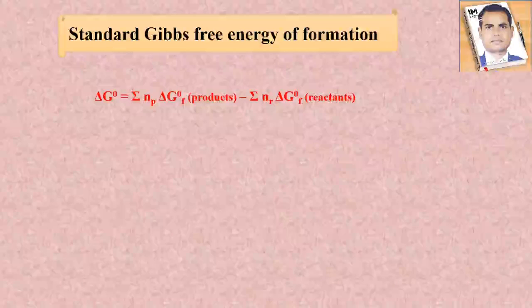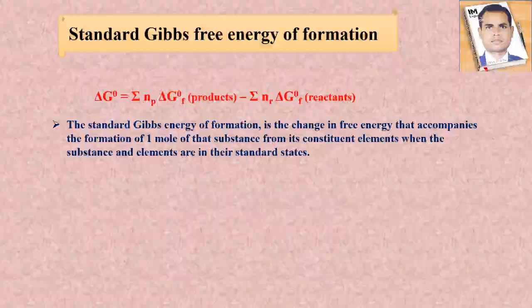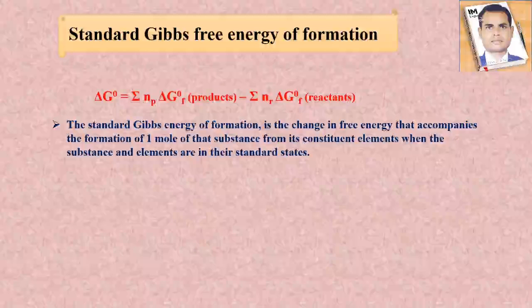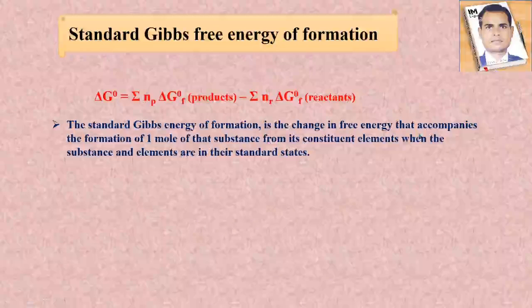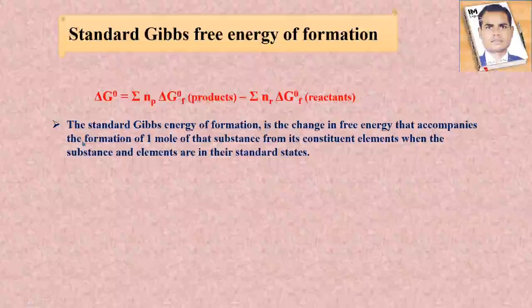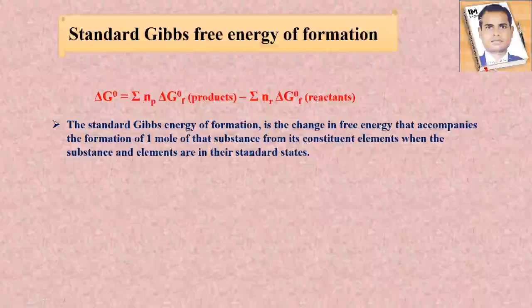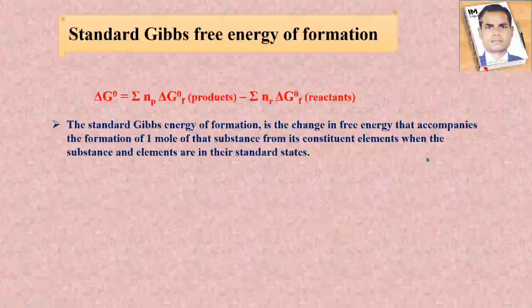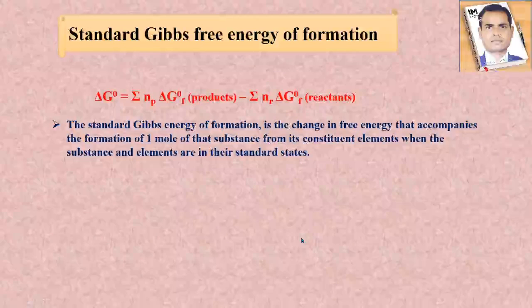Okay, so you will say the standard Gibbs free energy of formation is the change in free energy that accompanies the formation of 1 mole of that substance from its constituent elements when the substance and elements are in their standard state.